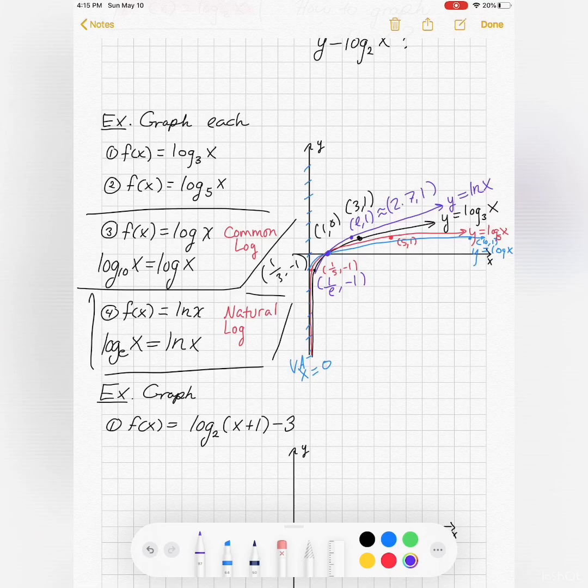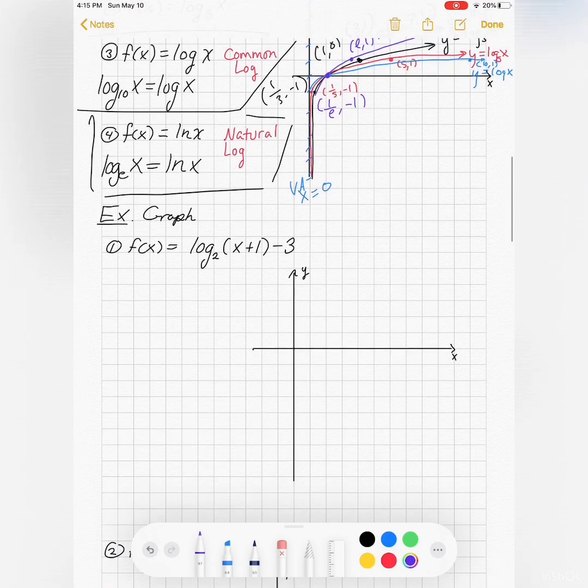Okay, so there we have the shapes of those logarithms. And those are pretty easy to come up with, like I said, if you just remember that pattern.